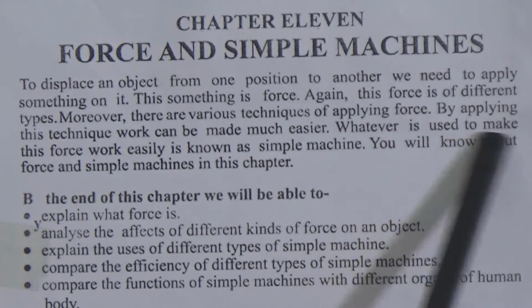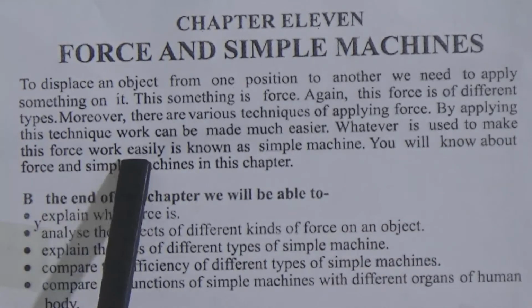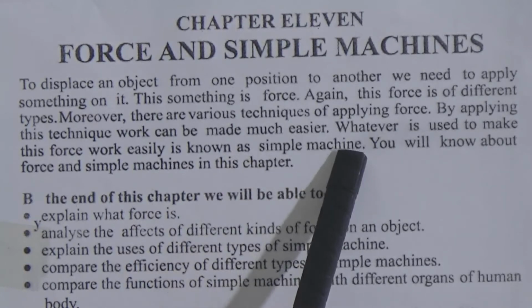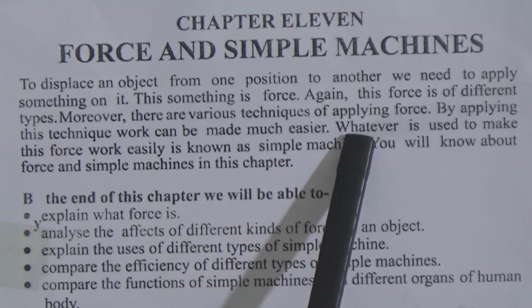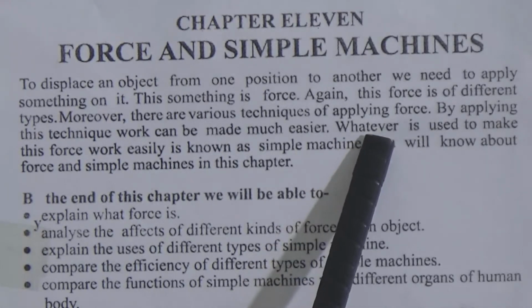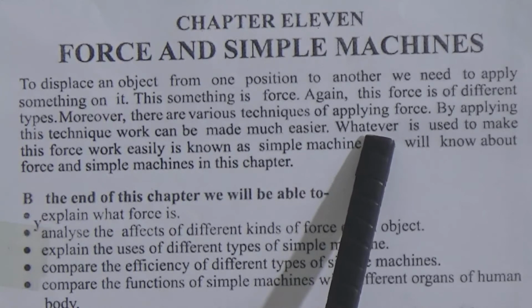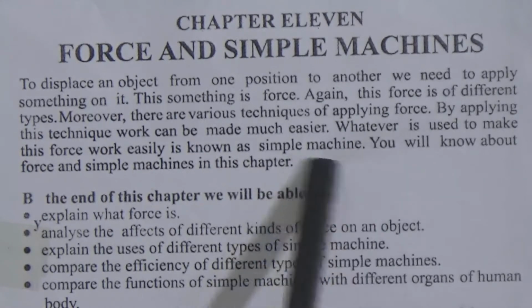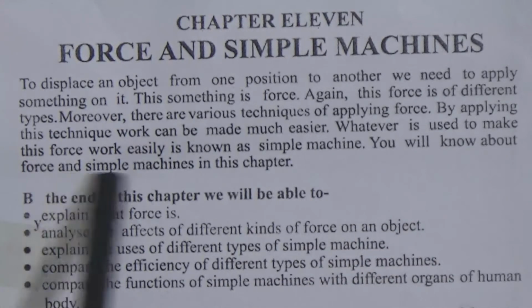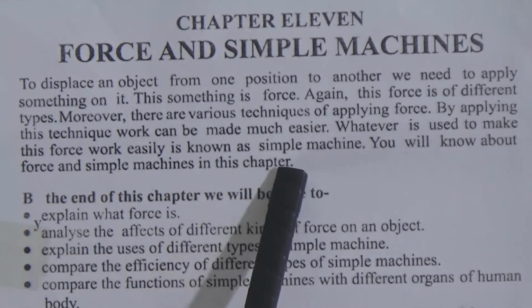Whatever is used to make this force work easily is known as simple machine. That means from where we apply the force and make our work easy, that is known as simple machine. You will know about force and simple machine in this chapter.